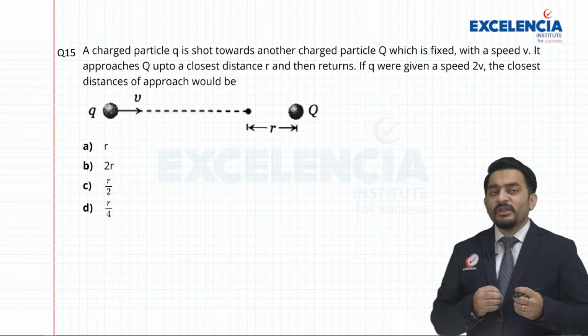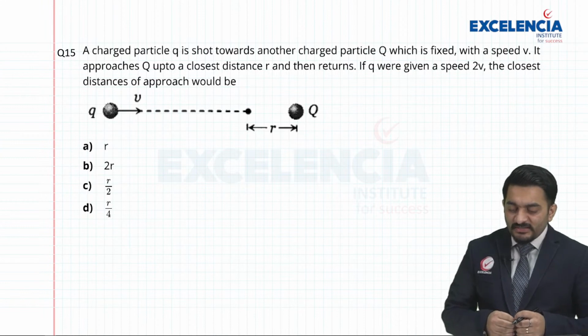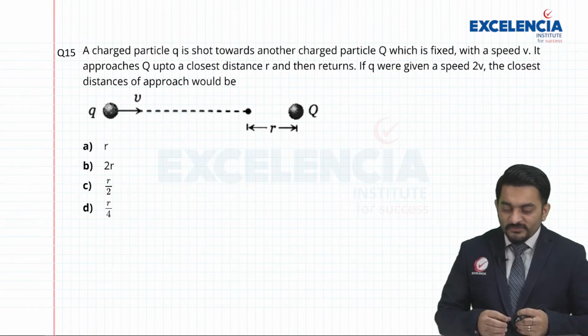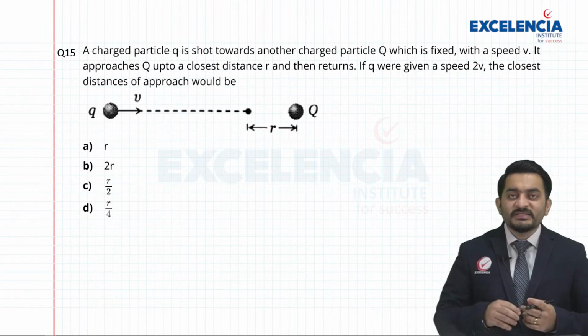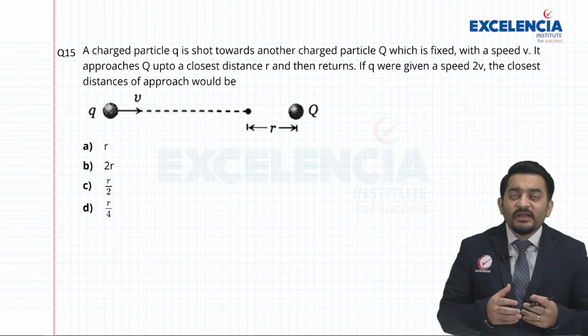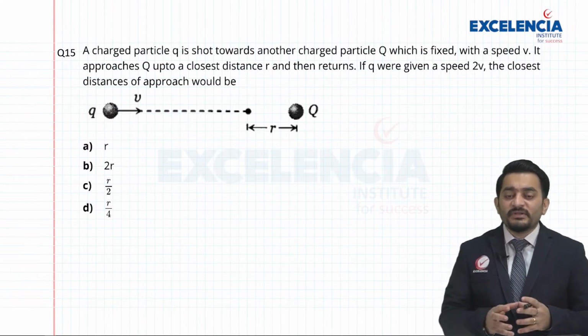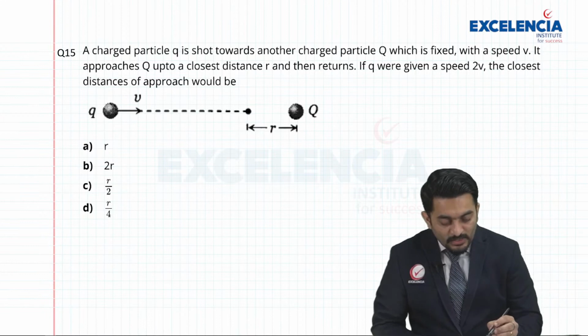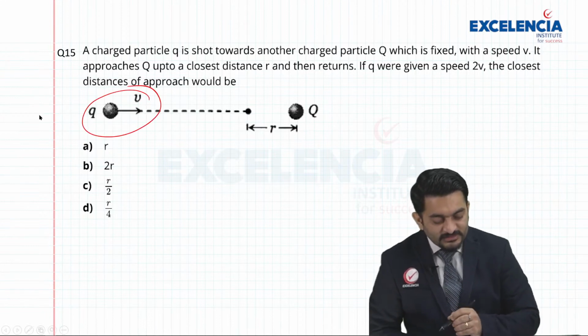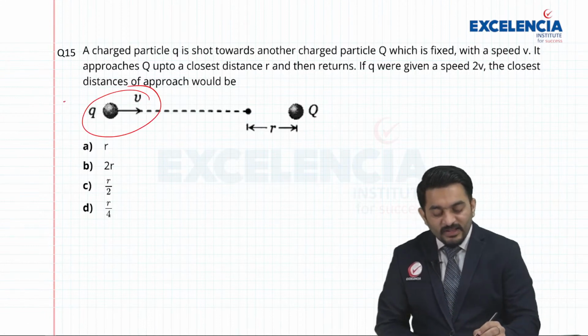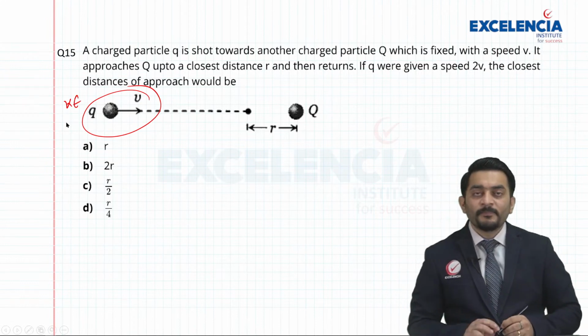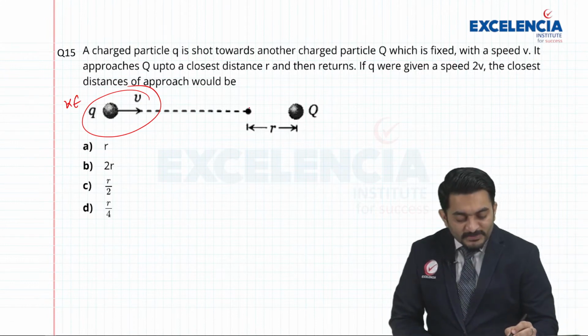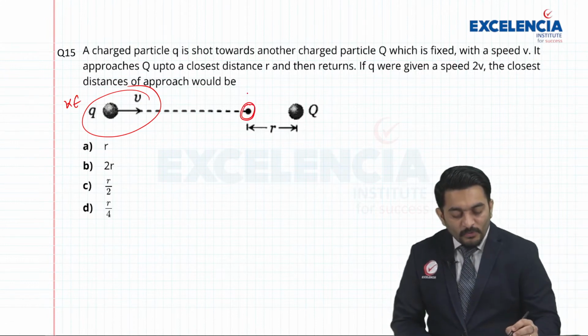Now one thing you need to understand whenever you have any such kind of question: first of all, try to figure out what exactly is given to you and whether we can build any relation based on that. When you project this charge, definitely it will have some kind of kinetic energy. The moment it stops somewhere, what will happen?